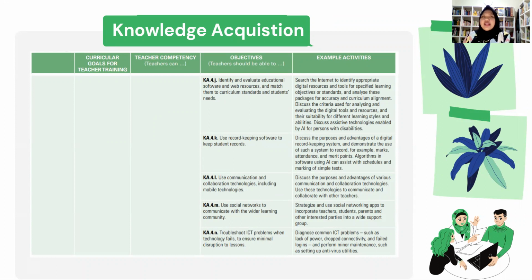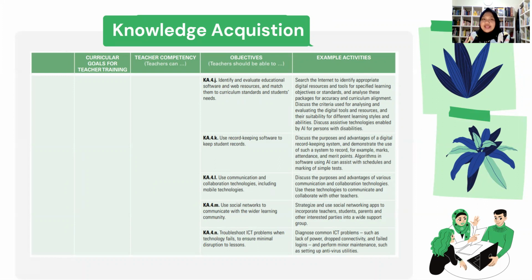The next one is the teacher should be able to use social networks to communicate with the wider learning community by using the strategize and use social networking apps to incorporate teachers, students, parents, and other interested parties into a wide support group.